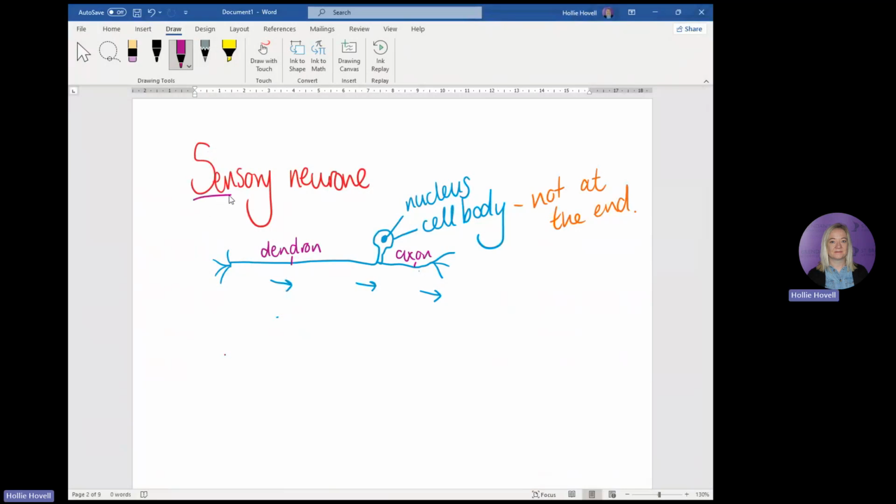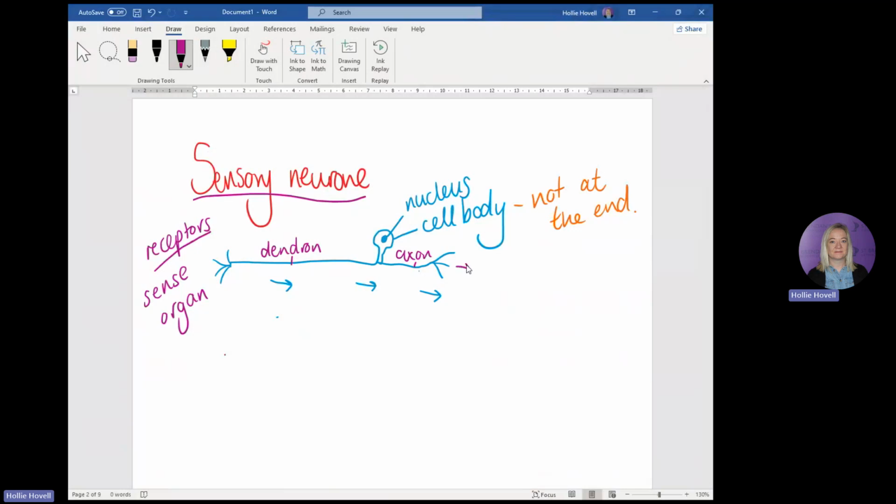Now, a sensory neuron takes the signal from here, which is going to be the receptors, all right, which is at some kind of sense organ. So it could be on your skin or your eye or your ear, etc. Okay, and at this end, it's going to deliver the signal to the next neuron.